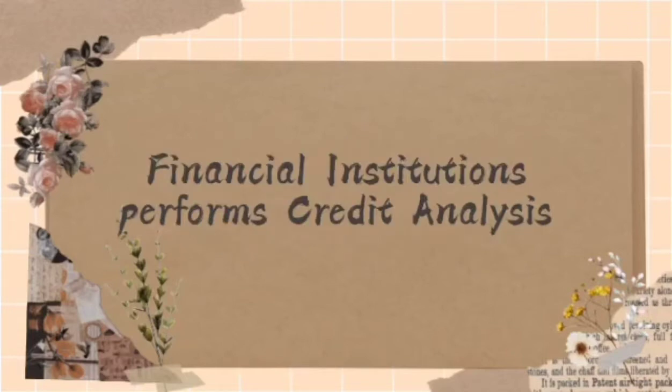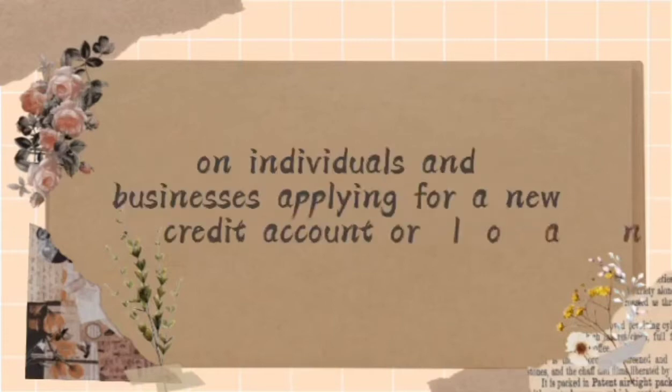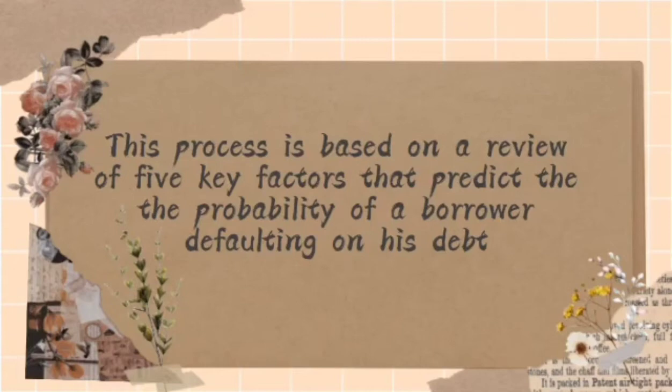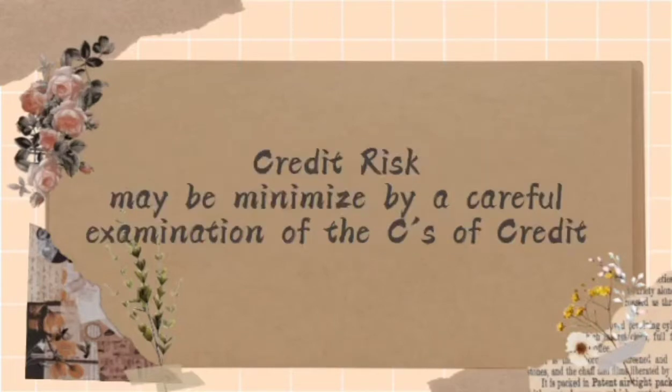Financial institutions attempt to mitigate the risk of lending to borrowers by performing a credit analysis on individuals and businesses applying for a new credit account or loan. This process is based on a review of five key factors that predict the probability of a borrower defaulting on his debt. Credit risks may be minimized by a careful examination of the C's of credit.